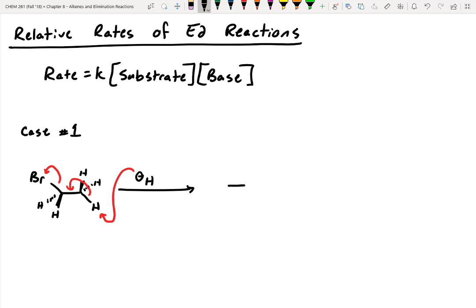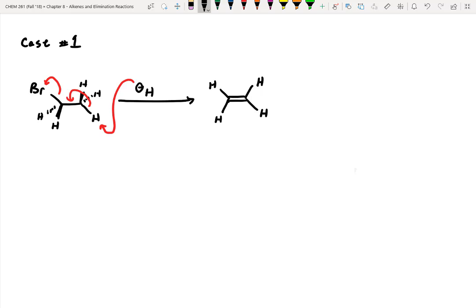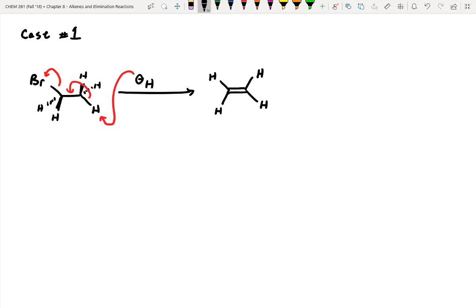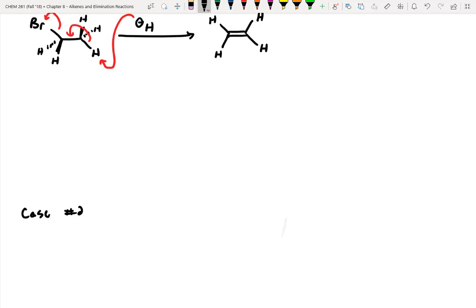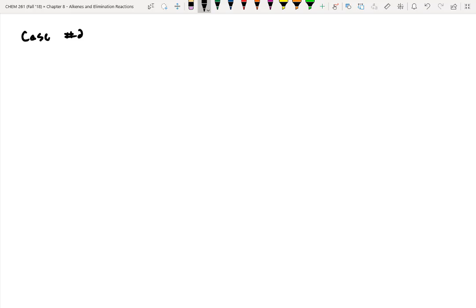So if we look at the final product for this reaction, we can make an alkene. All right, and then case number 2, I'm going to draw separately down here. Case number 2 is going to be very similar.